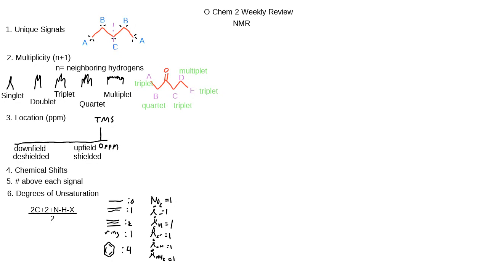So here is an example graph, and this is our TMS, which means the most upfield structure has a value of 0. Now ignore the location ppm. Just understand what I'm trying to say by number above each signal.